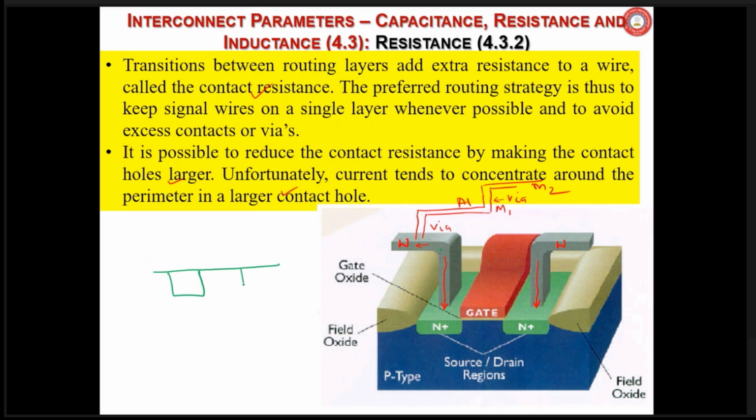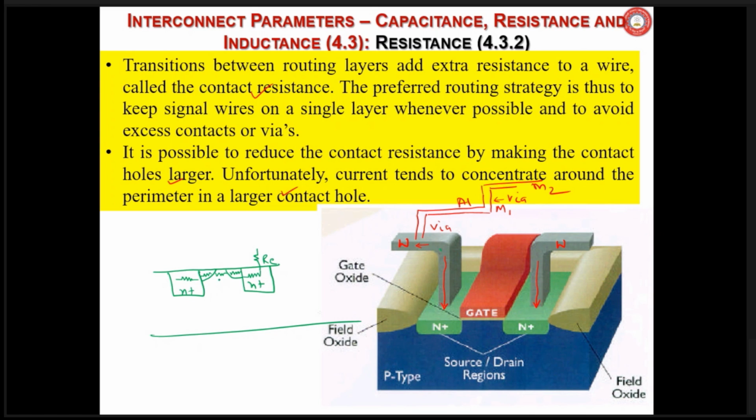See, I have drawn it in this way, N plus region on this substrate. I was showing you that this also has resistance, and there is a lightly doped LDD and LDS. It also has some resistance. It also has channel resistance, diffusion resistance, and contact resistance, RC. RC is the contact resistance.